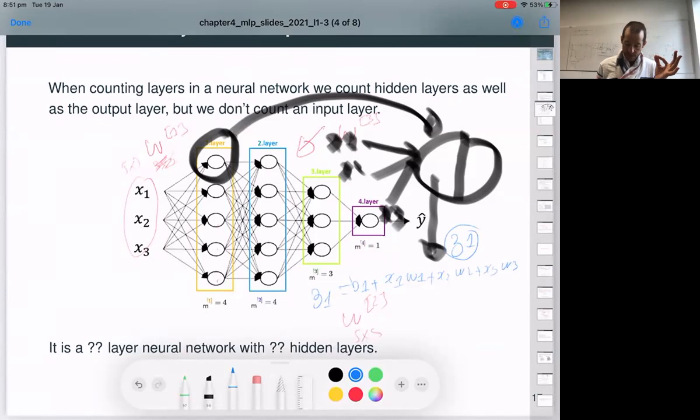And after this Z1, you compute A1, which is an activation function applied on Z1. So the output of this neuron is A1 here. And on this A1, you have an arrow going to another neuron, and on this one, you will have a new W here.